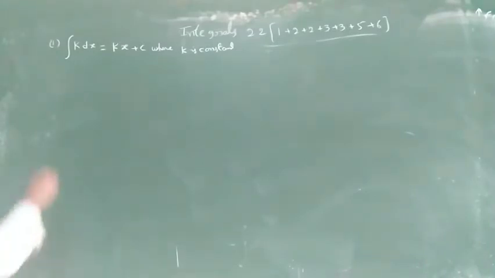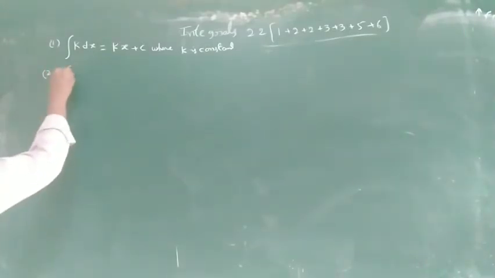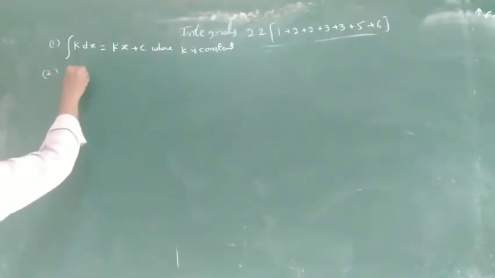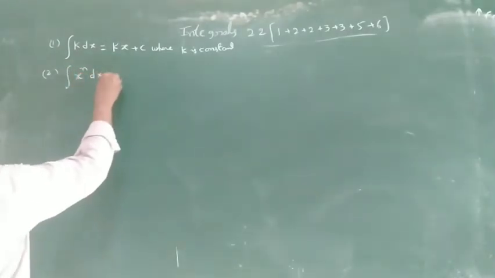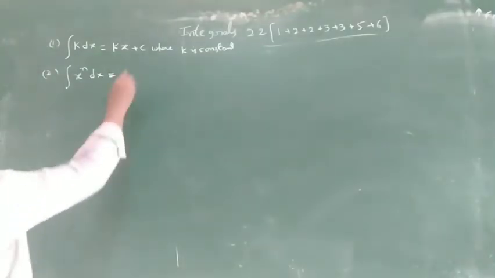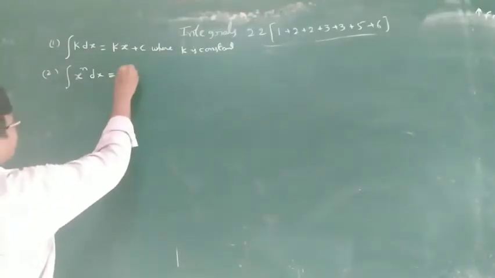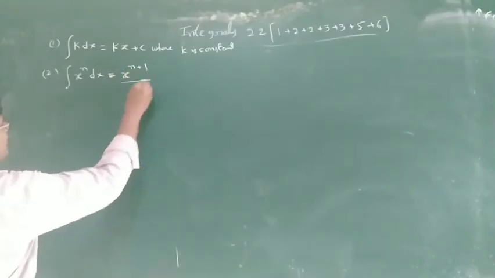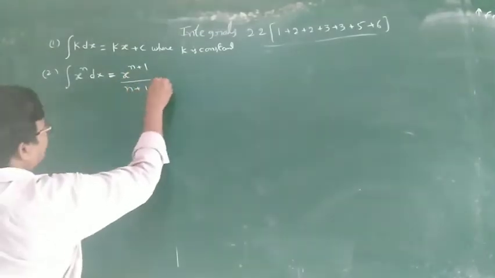Next, what is the second formula? The derivative of x power n is equal to n x power n minus 1. Here, integral x power n dx is equal to x power n plus 1 by n plus 1, plus c.